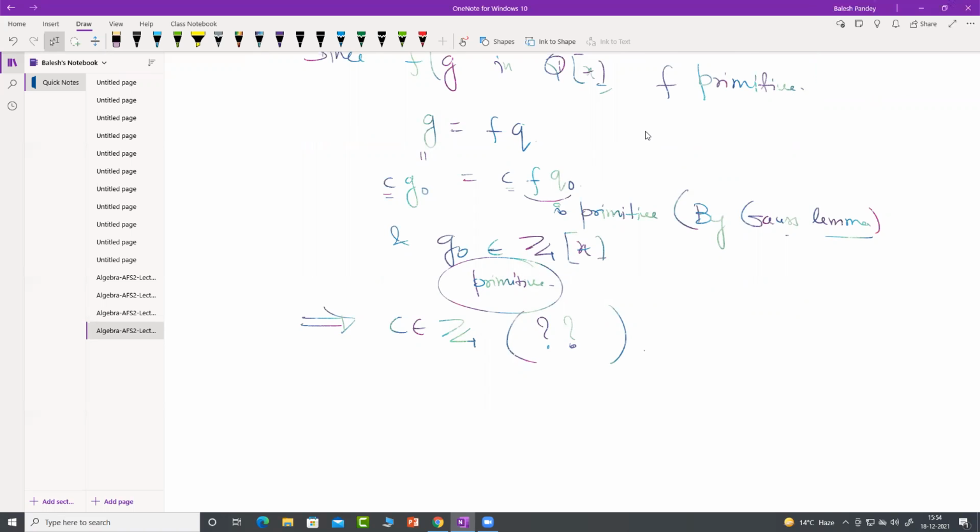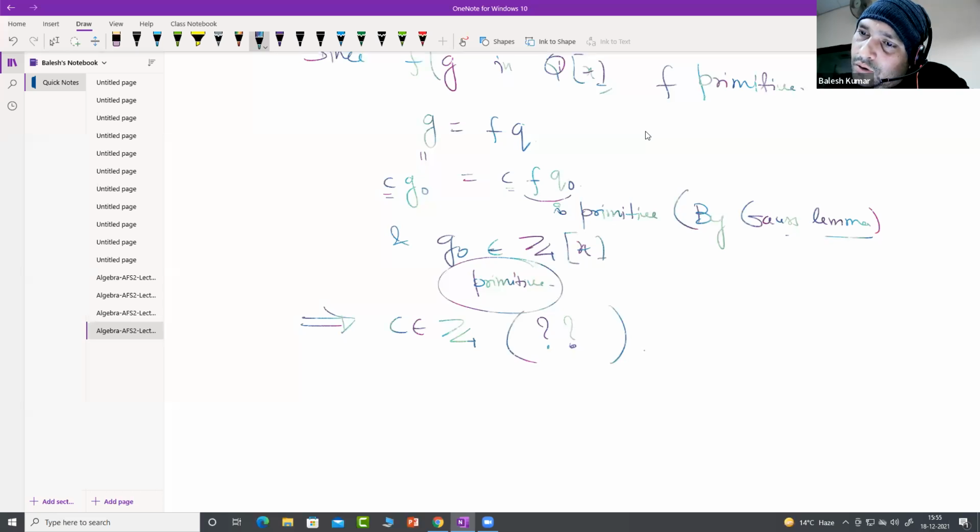G is in Z[x]. Right, yeah. So since g is an integer polynomial, whatever, if you write it as c times g0, then the content has to be an integer, yeah. So therefore that's done.